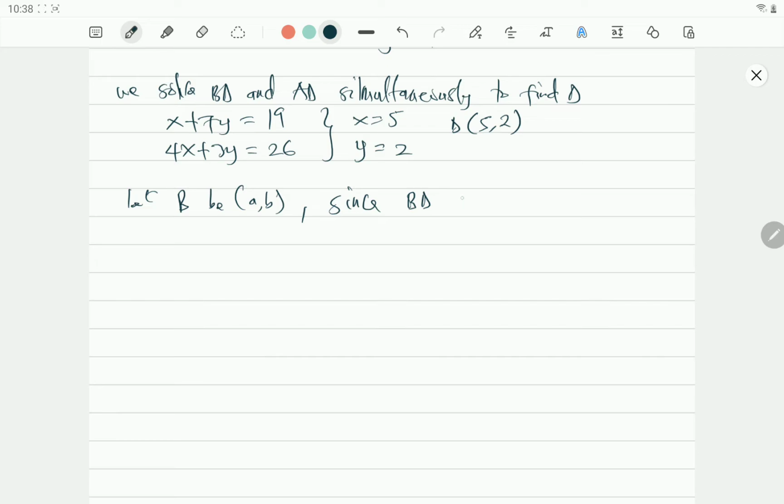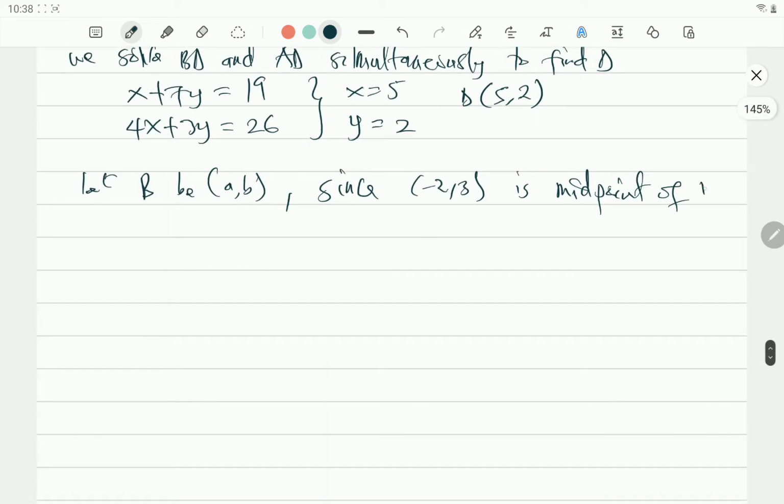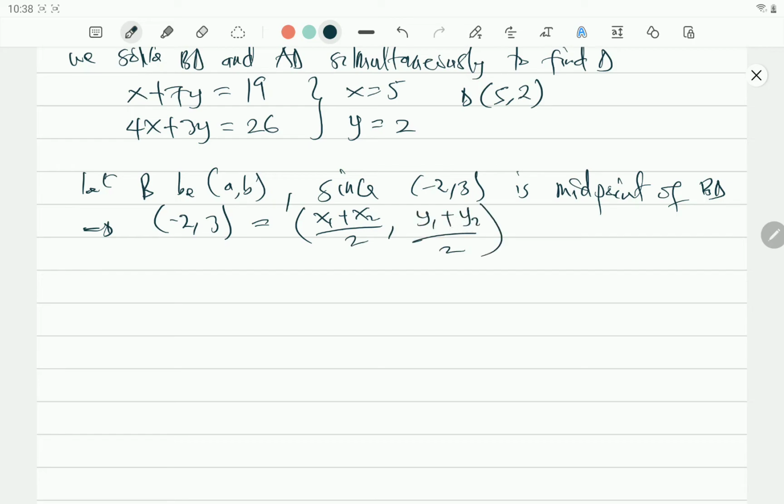Since (-2, 3) is the midpoint of BD, it implies that (-2, 3) is equal to (x1 plus x2 all over 2, y1 plus y2 all over 2), where we know the point for B to be (a, b), but the point for D is known to be (5, 2).